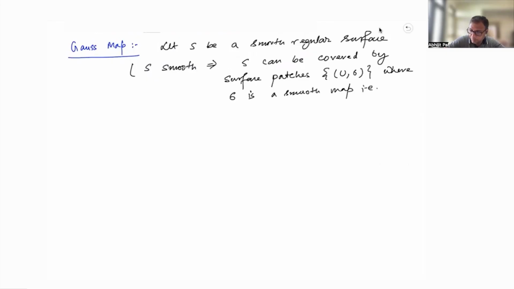That is, all the mixed order partial derivatives exist and are continuous.